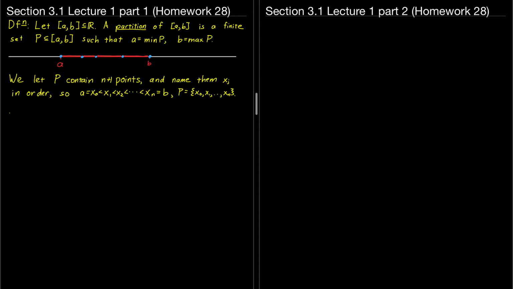So here is our next definition. We've defined a partition, so now we're going to define a Darboux sum. Let's let f be a bounded function defined on a closed and bounded interval.